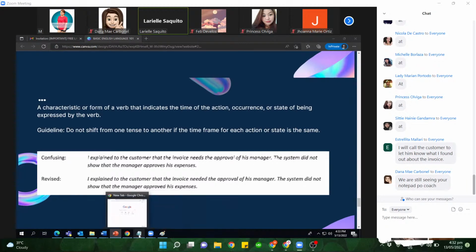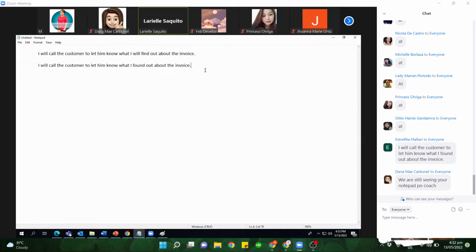And this is something that I forgot to mention about adjectives last session. In regards to the modifiers for adjectives, whenever we are describing nouns or pronouns, remember we have different forms of adjectives. Like for example, we have age, size, and color. So we have those types of adjectives.